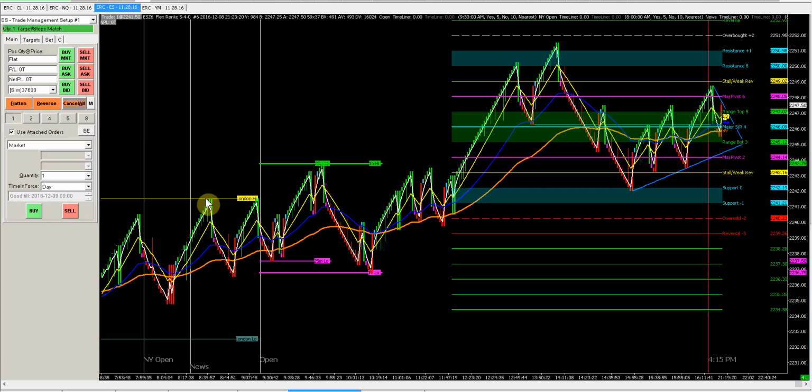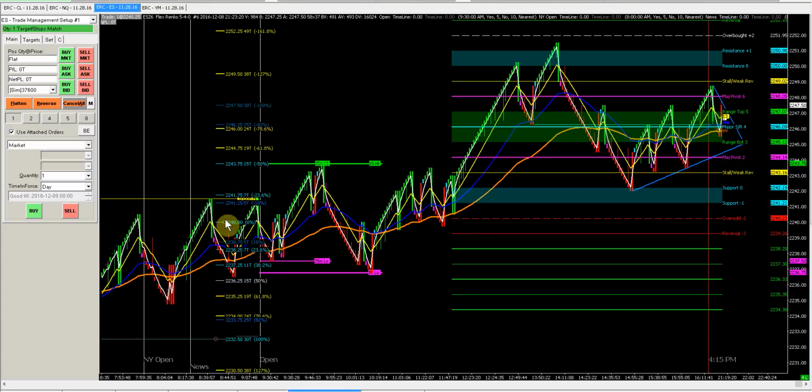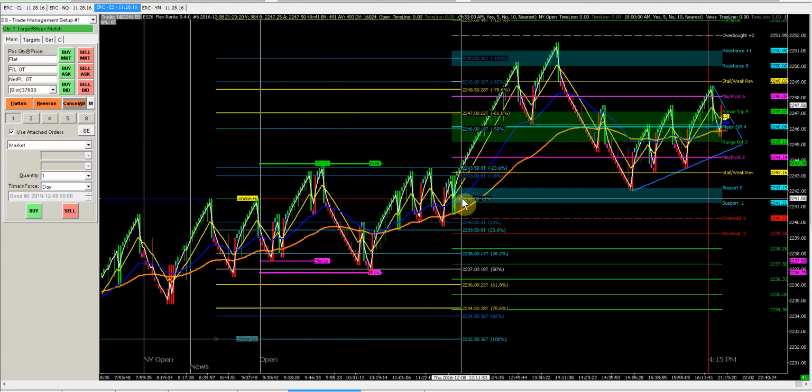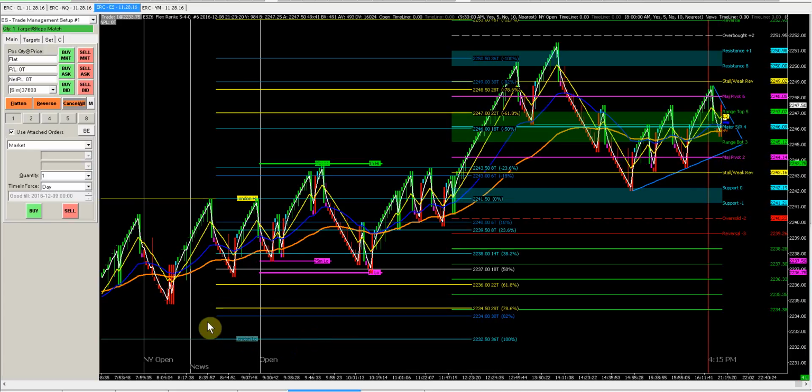You'll notice the theory is that the London session drives our market. So I would put a fib extension from the London low to the London high, and the reason I would do that is because the market opened here, which was above the 50% line, which is right here, for the London high, London low.